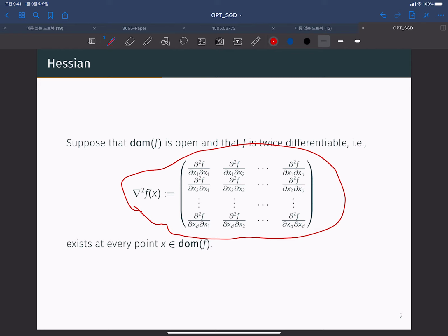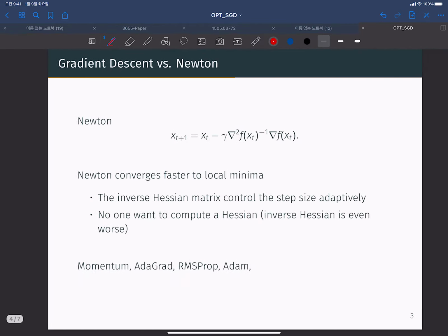Once you know the Hessian matrix at every point, then you can understand the curvature structure of your loss surface. Okay, so this is very nice.